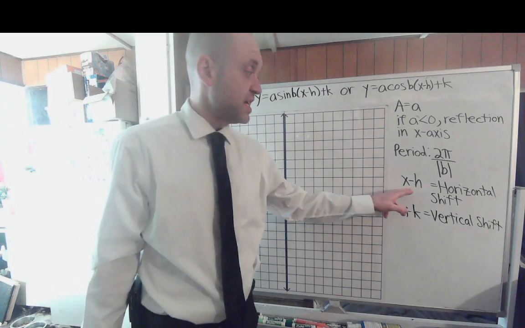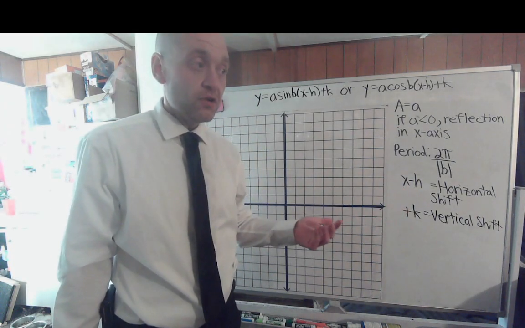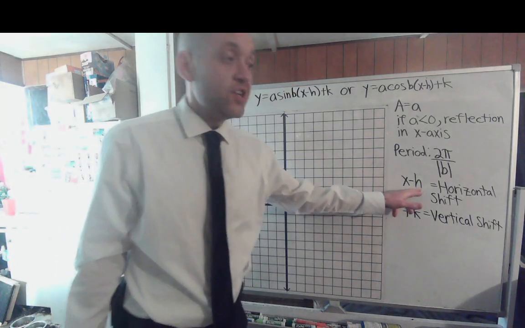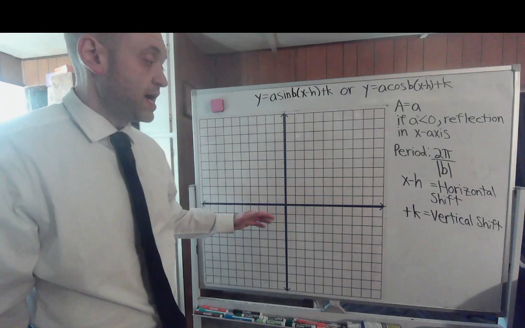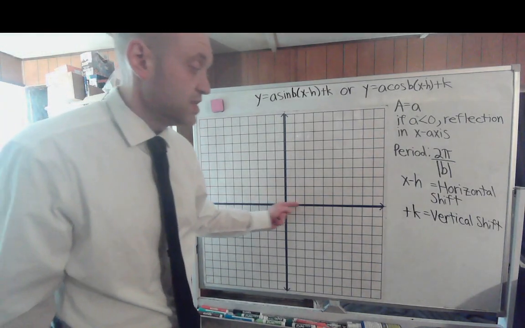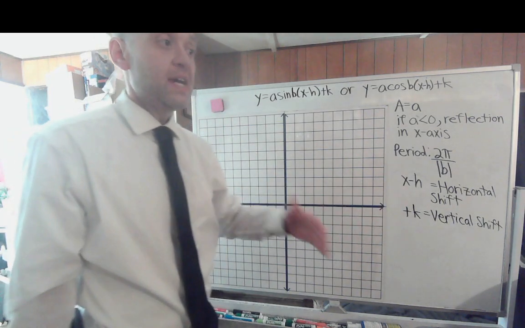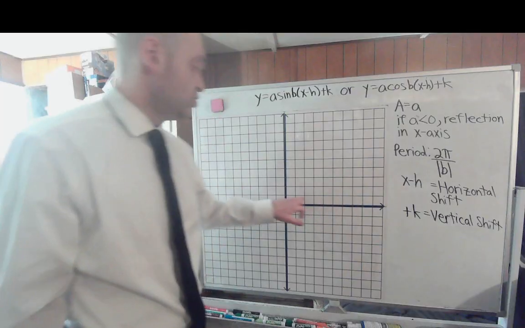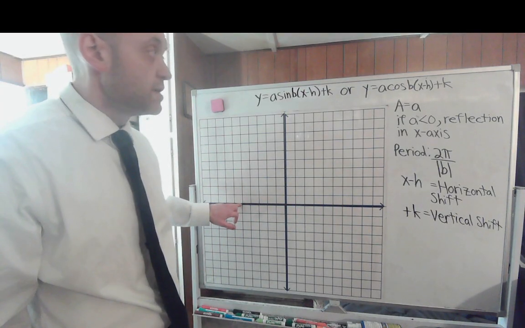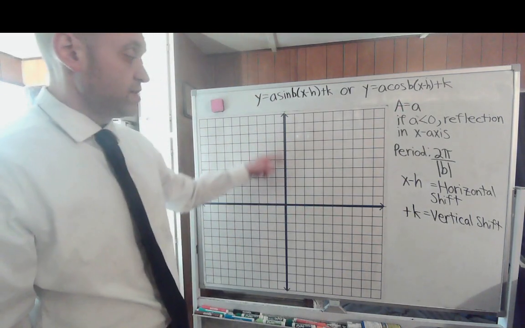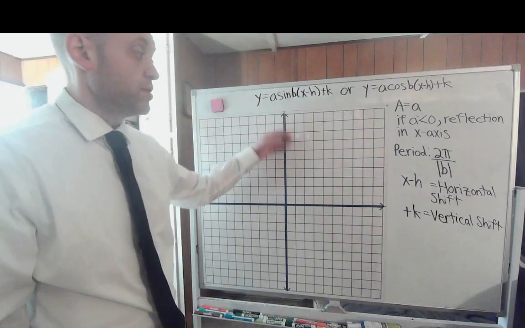So of course you set the x minus h equal to 0. That'll tell you whether you're shifting it left or right. If your h becomes positive after doing that, you're moving it that many units to the right. Now, if this were x plus h, x would equal negative h, and then you would be going that many units left. And then that plus k part, that's a vertical shift, either up or down, depending upon whether you're subtracting.